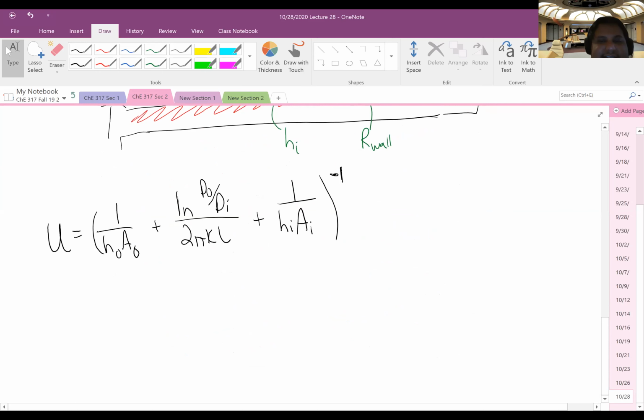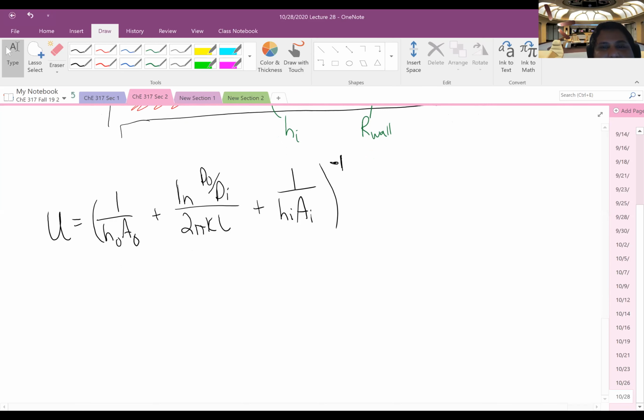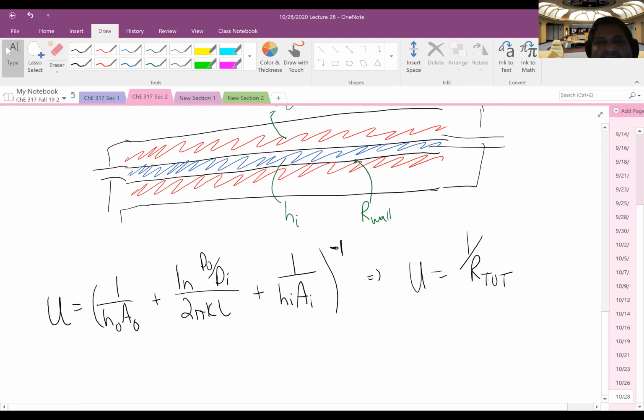Now, what do these terms look like? The R values. Yeah, they look like thermal resistance values, right? And so I can also state that U is simply the inverse of a total thermal resistance if I consider these resistances existing in series, right?